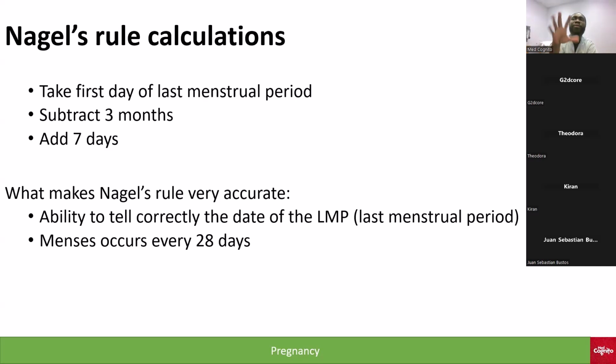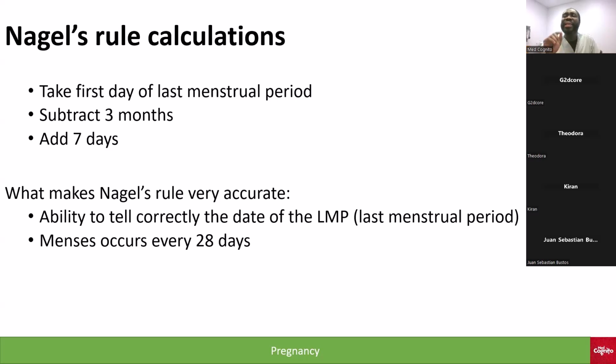For the Nägele's rule to work very well for you, number one, the pregnant patient must, prior to getting pregnant, have a regular 28-day cycle.